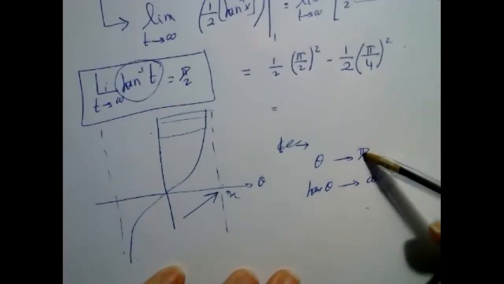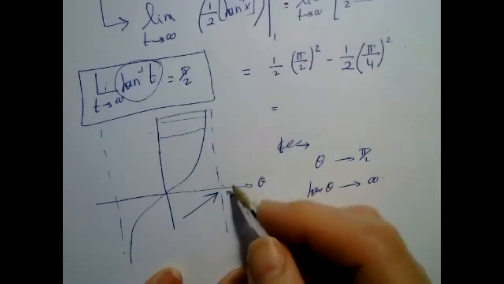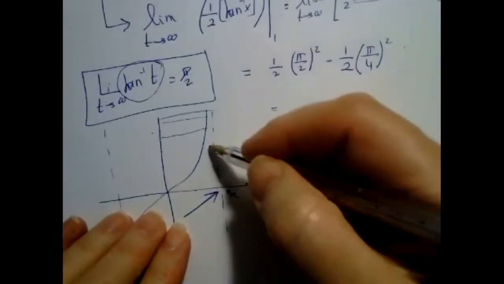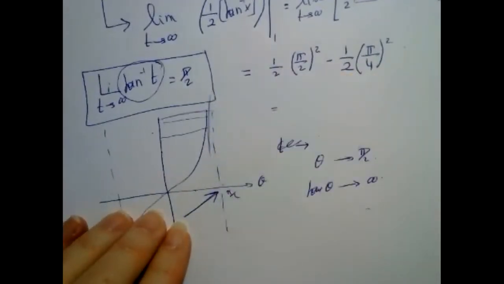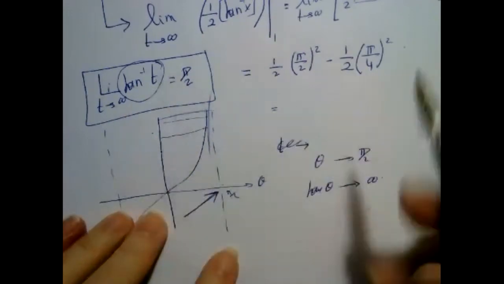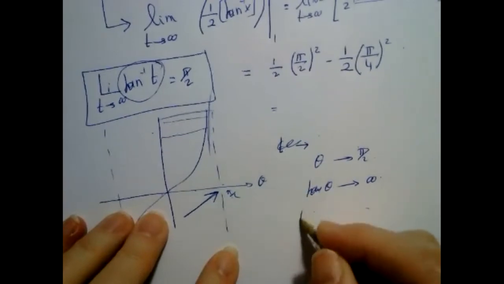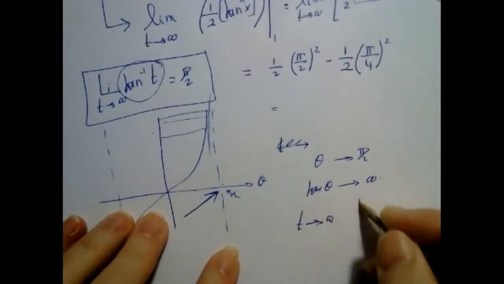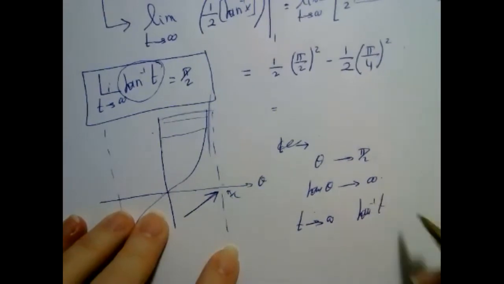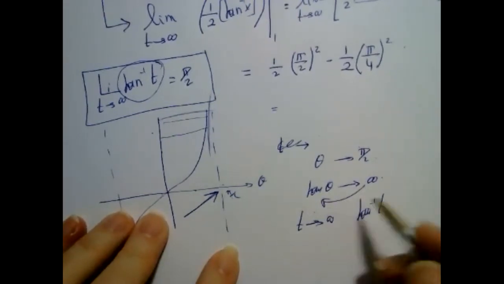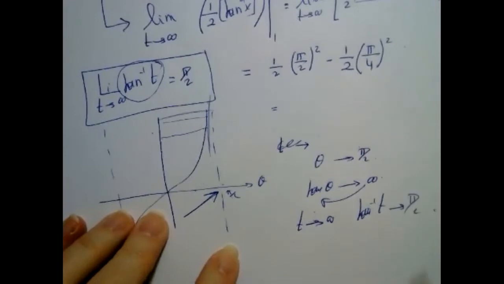Okay, yeah, that's starting to make more sense now. When the angle approaches pi over 2, the tangent really goes to infinity. Now I'm going the other way around. When t goes to infinity, the tangent inverse, going backward, is going to go to pi over 2.